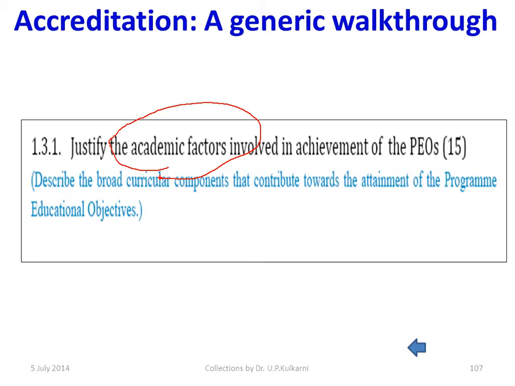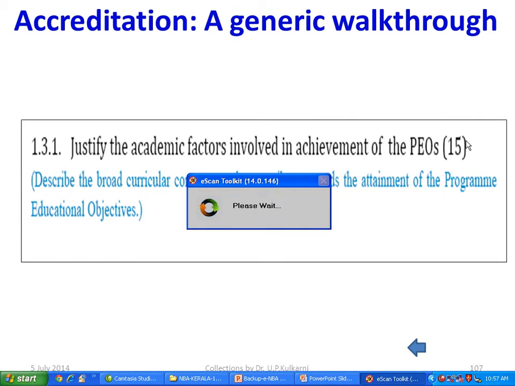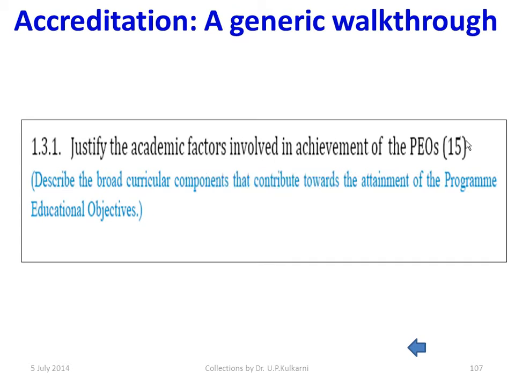When I look at this particular 1.3.1, it seems that attainment of the PO can be done at two different levels. One is external, that means go to the market, go to the industries where your students are employed, see what they are doing, at what level they are there, collect the feedback, and thereby you try to measure PO.